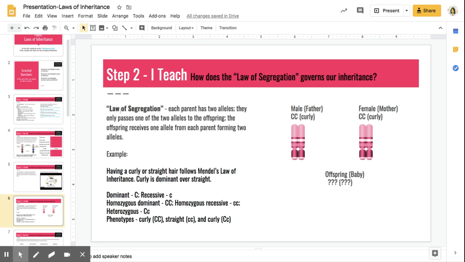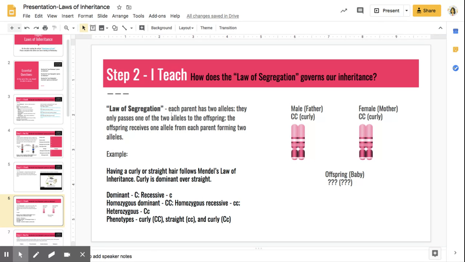The law of segregation is the second law of inheritance, also proposed by Gregor Mendel, and it states that each parent has two alleles and they only pass one of the two alleles to their offspring.